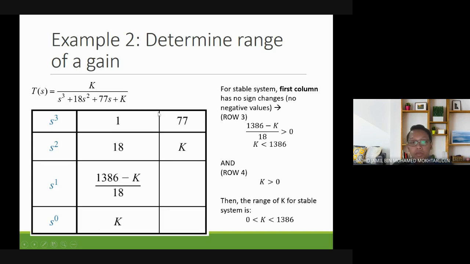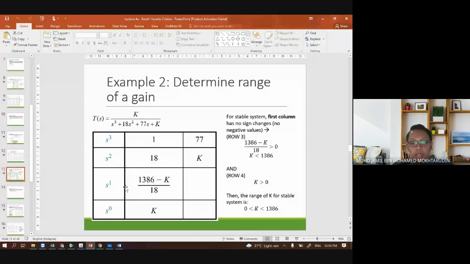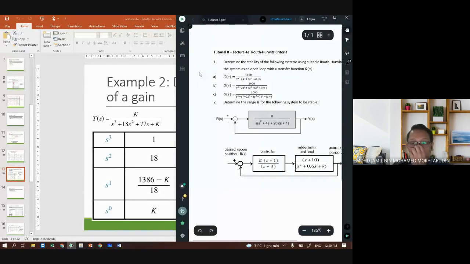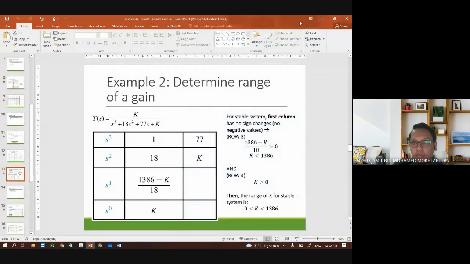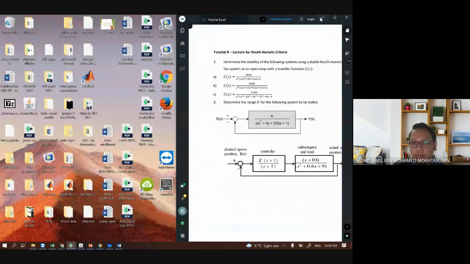Okay, so let's look at one more tutorial before we end this lecture. Determine the range of K for the following system to be stable. For this week, we look at the first figure first, the first block.